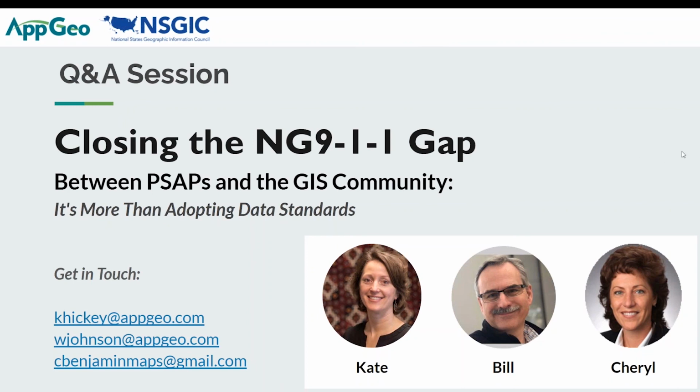Yeah, well, I'll go ahead and take a start at that, and Cheryl and Kate, feel free to pipe in. All of these different dimensions of public safety, whether they're Office of Emergency Management or wildfire protection or whatever it is, they all have a very common set of characteristics.